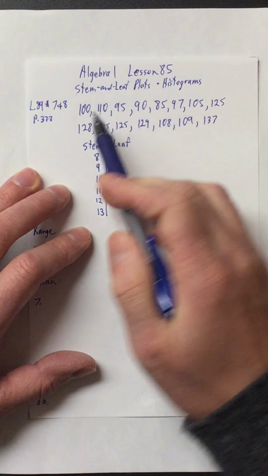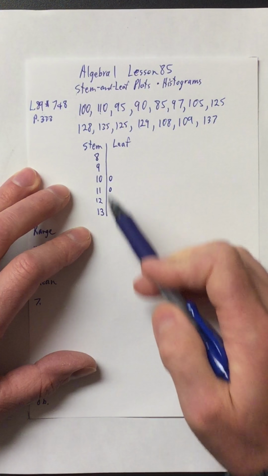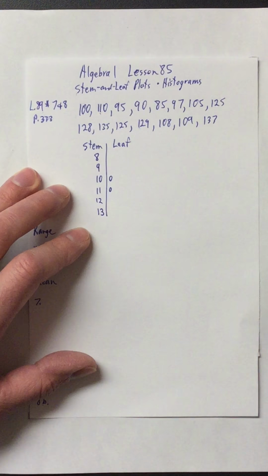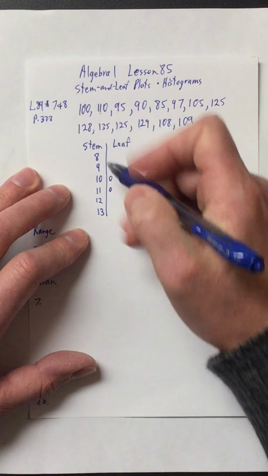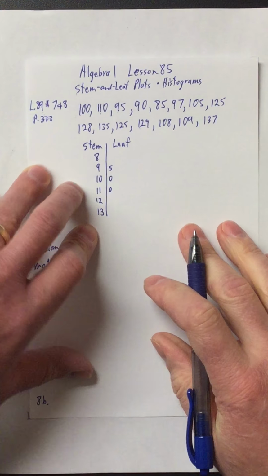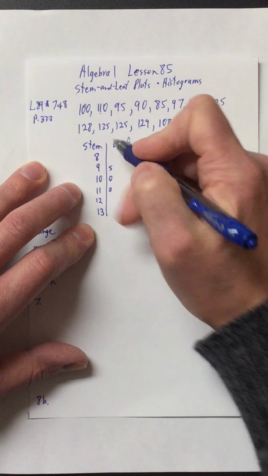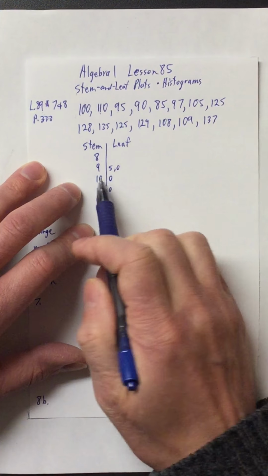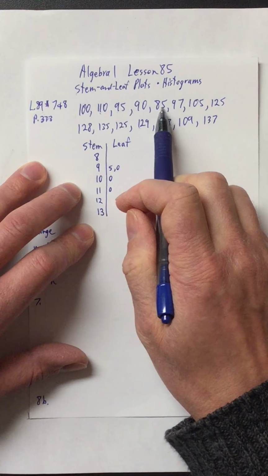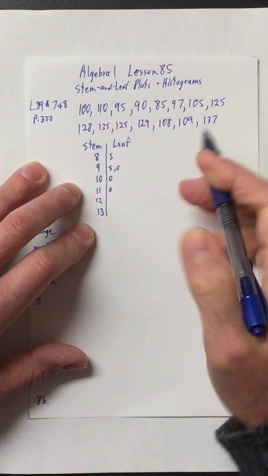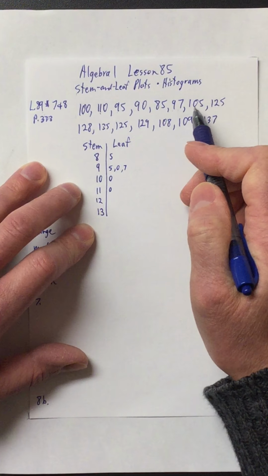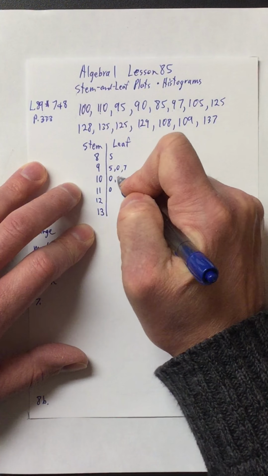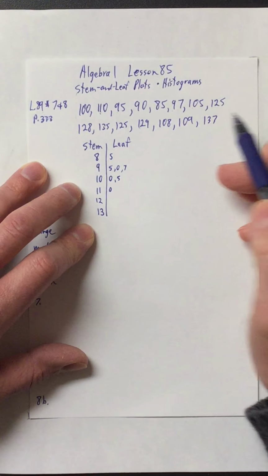The leaves are all just the ones places in the distinct rows. 95, so I'm in the 9 spot, and I write a 5. Next number is 90, so I'm still in the 9s row for a 0. 85, put a 5. 97, here's my 9, there's a 7. 105, and I put the 5.